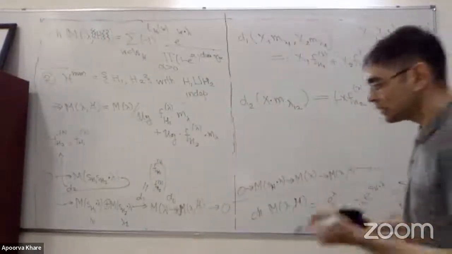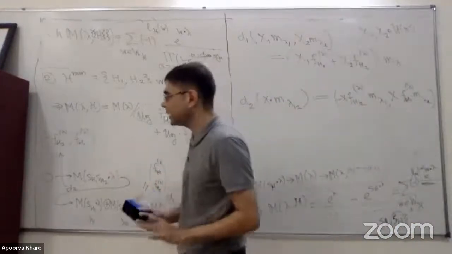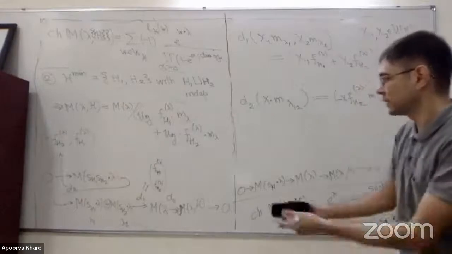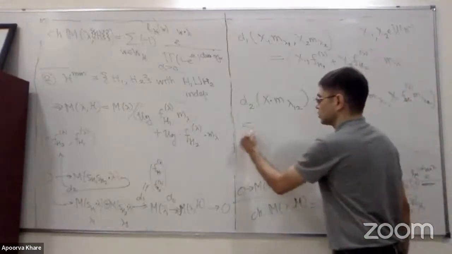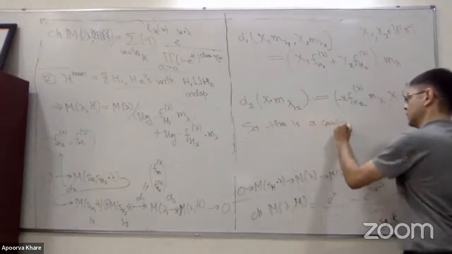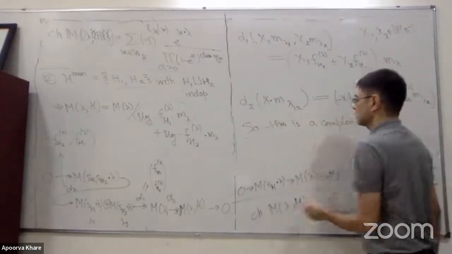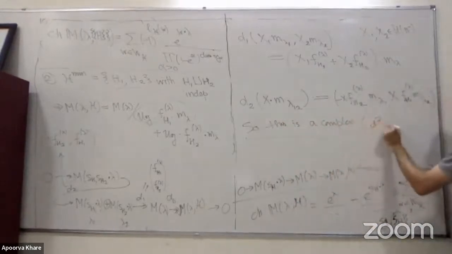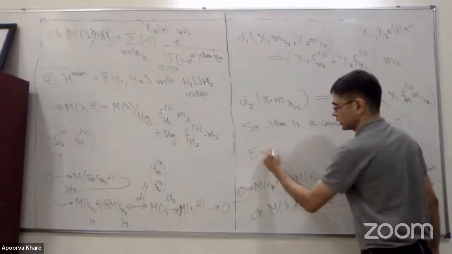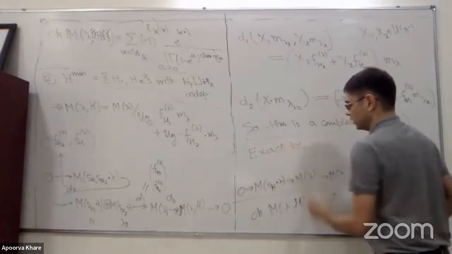Right? But then you need to verify that this is a complex. So this is indeed a complex, and you need to verify that this is exact, hence gives you a resolution. And it's exact because it's a Koszul relation.